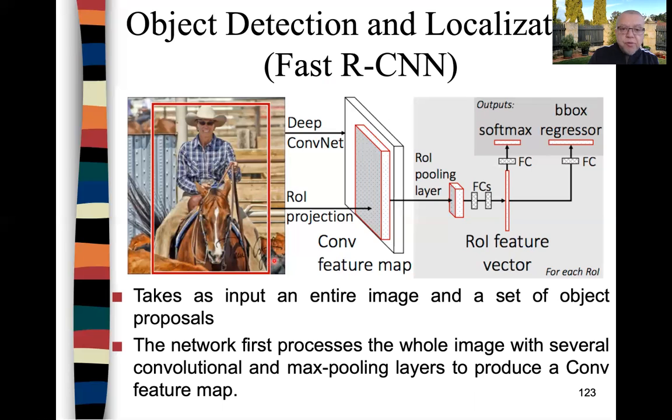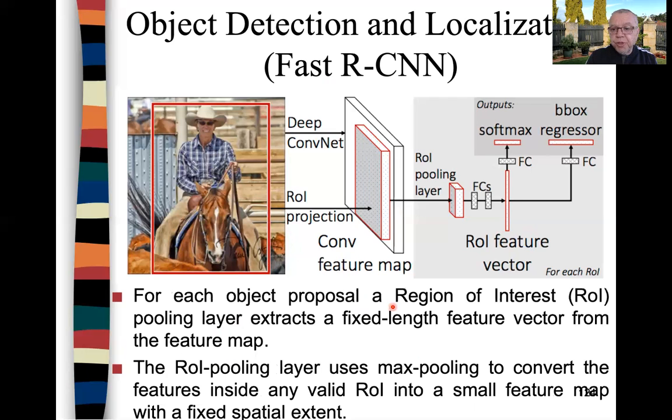So this is how it works again. It takes as input an entire image and a set of object proposals, which are obtained using a standard segmentation algorithm. Then the network first processes the whole image with several convolutional and max pooling layers to produce a feature map.